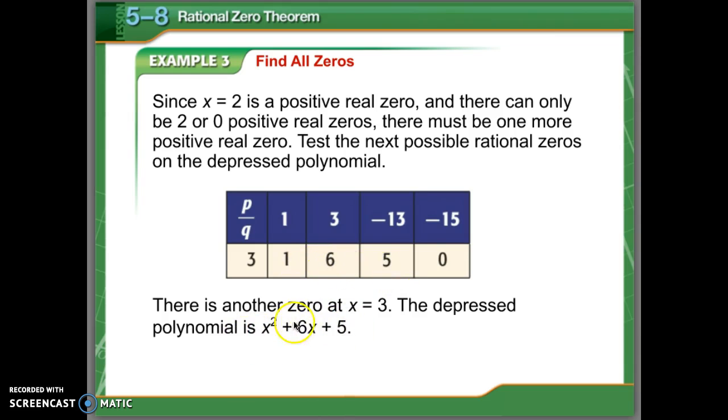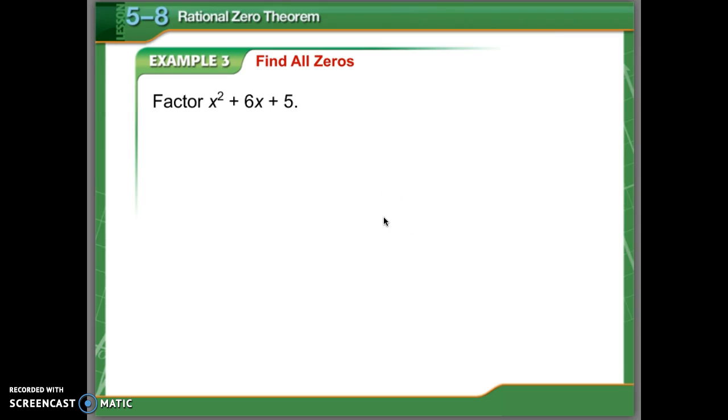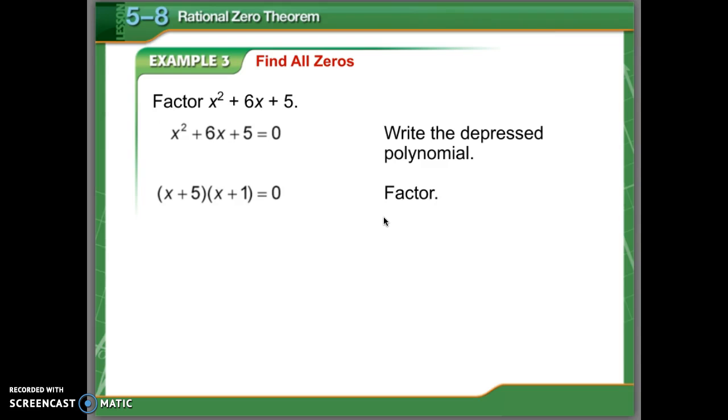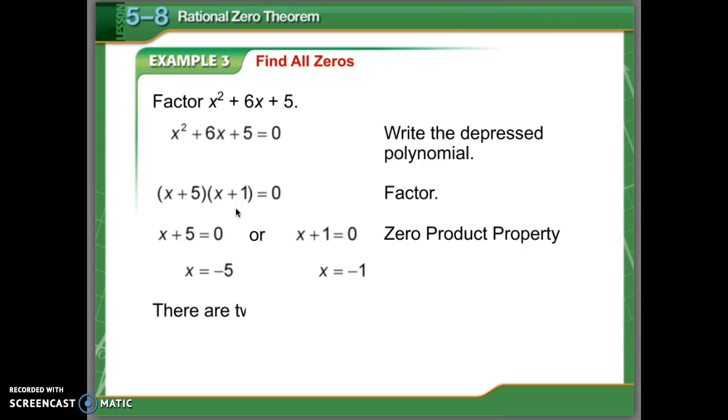And this is something that you can factor using methods from Unit 1. And obviously this just factors into x plus 5 times x plus 1. And so the answers for that are -5 and -1. So we found 2 more answers.